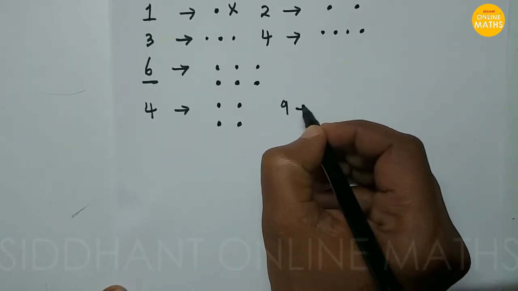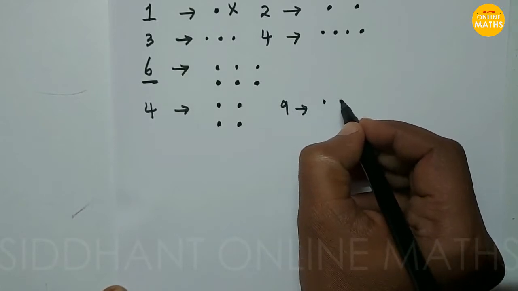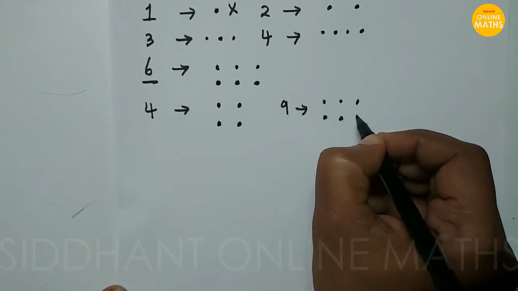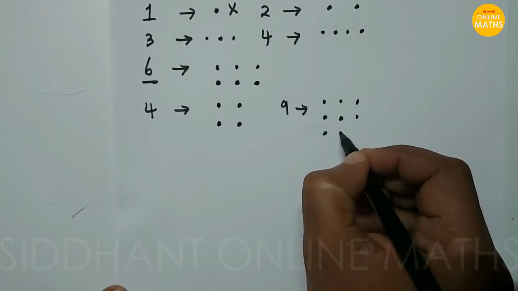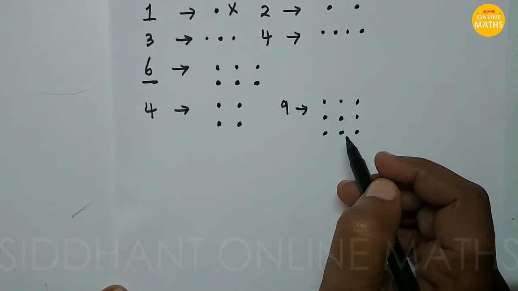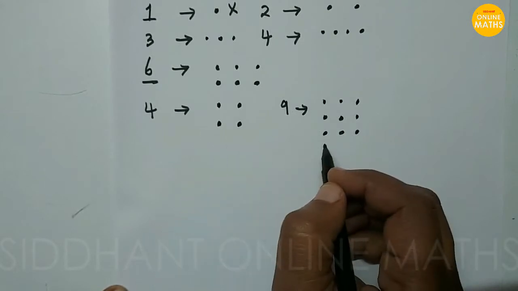Number 9 means again you are going to see 3 dots in a row. So it is looking like a square with 9 dots. So you can arrange the dots in order to get a shape of a line, rectangle, or a square.